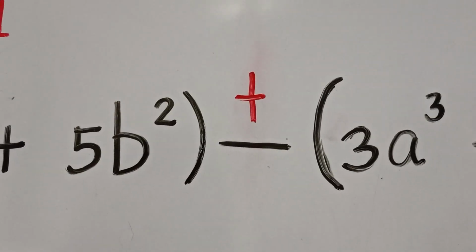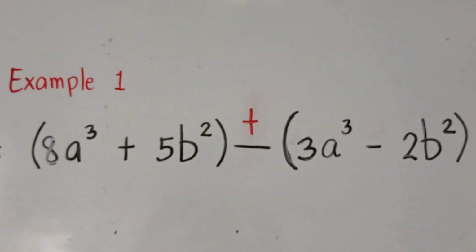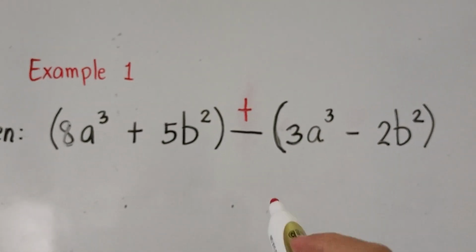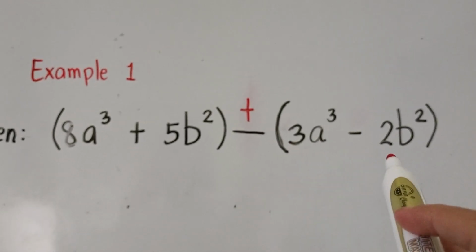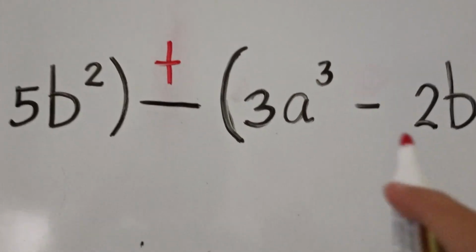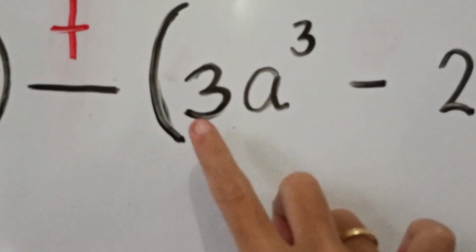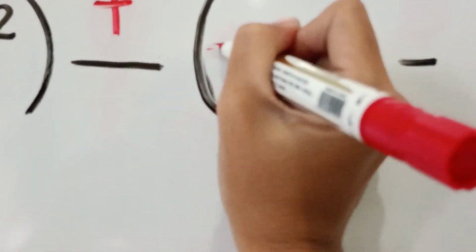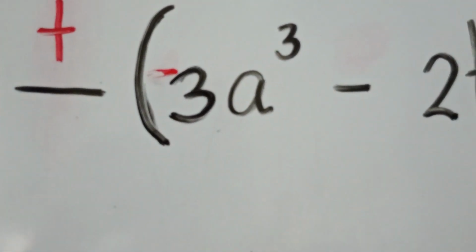Next is to change the sign of the terms that can be found in the subtrahend, which is the 3a cubed minus 2b squared. We have positive 3 here, so since it's positive, we're going to change that one into negative.